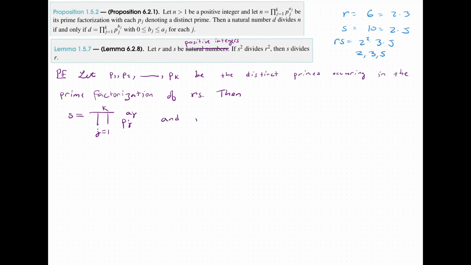And let us take r to be the product from j equal to 1 through k of p sub j to the b sub j, where the a sub j's and b sub j's are non-negative integers.